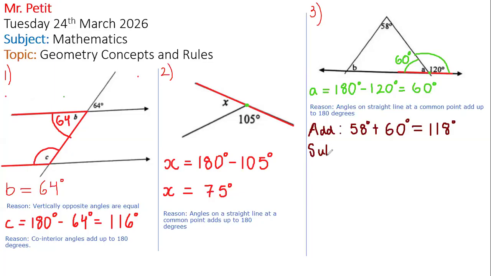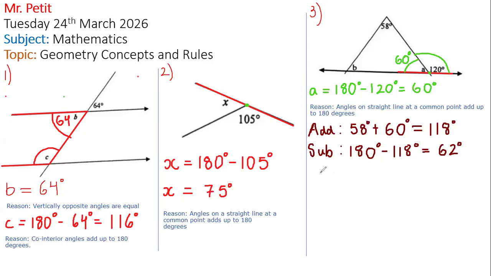Why 180 though? Because these are angles in a triangle. The interior angles in a triangle add up to 180 degrees. So 180 degrees minus 118 gives us 62 degrees.